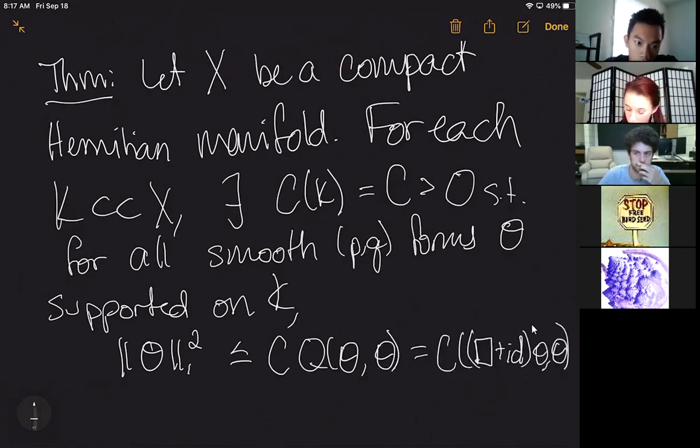And this inner product is just the L2 inner product on our space.